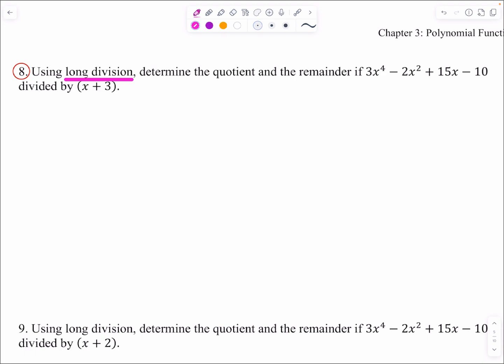Long division actually will come in handy in the next unit when we're looking at rational functions. There is an element where that skill might be important. I do prefer the synthetic division method that we're going to do after this problem, just primarily because synthetic division is actually the exact same thing as polynomial long division.